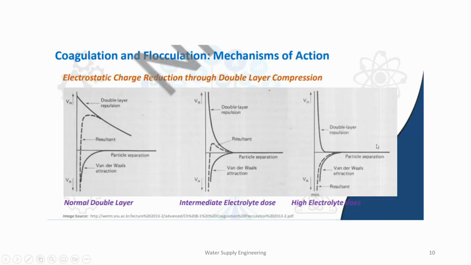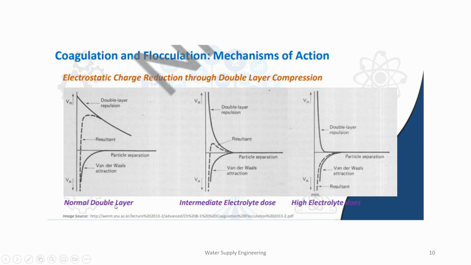Now, to achieve this, we have different mechanisms of action, starting from electrostatic charge reduction through double layer compression. Under normal conditions, the double layer will exist around each colloidal particle. That is, they will have a van der Waals attractive force along with the double layer repulsive force acting on them.